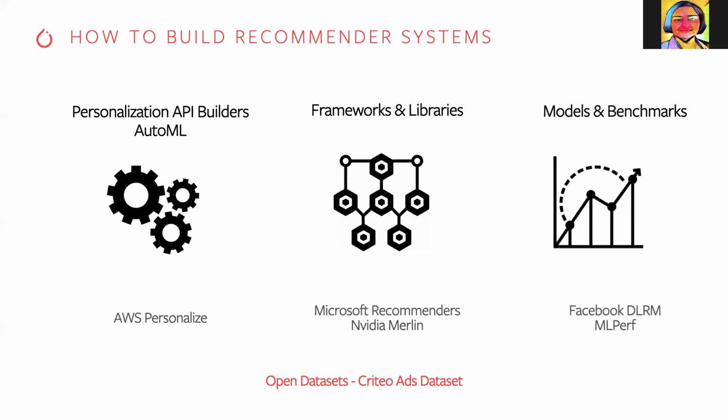Another key ingredient that was missing for the recommender space for a long while was a good open set of datasets. And the Criteo ads dataset closed this gap and now opens up doors for the research community to experiment and build new models, similar to what happened for the CNN and the RNN space.